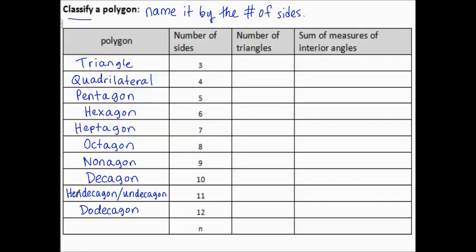Hen is a prefix for 1. Un is a prefix for 1. Anything bigger than 12, we really just name it by the number dash gon. So I'm going to say n for any number and then dash gon. That's how we name it for anything above 12. Now let's talk about the number of triangles, because that's going to help us know how to find the sum of the measures of the interior angles.